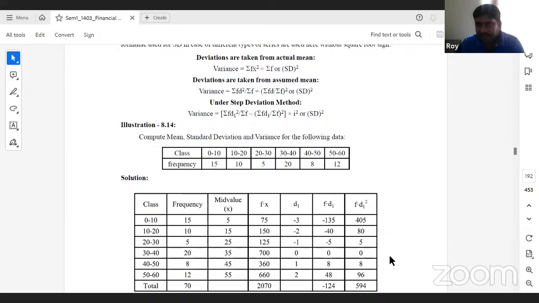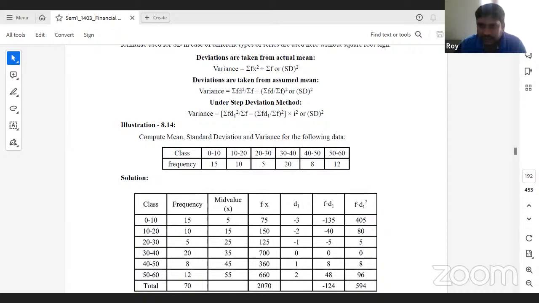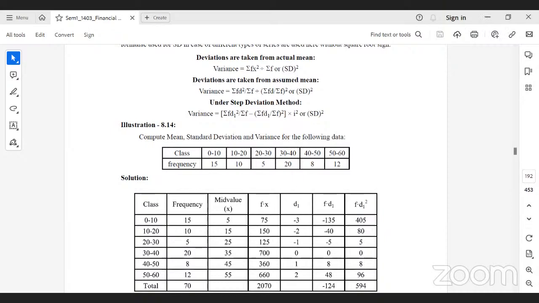Is my voice breaking or Sunita's voice is breaking? Hello, can someone respond who is in the group? Mahendra, you just unmuted, please tell. Sir, you are clear. Sunita is asking, can anyone tell?